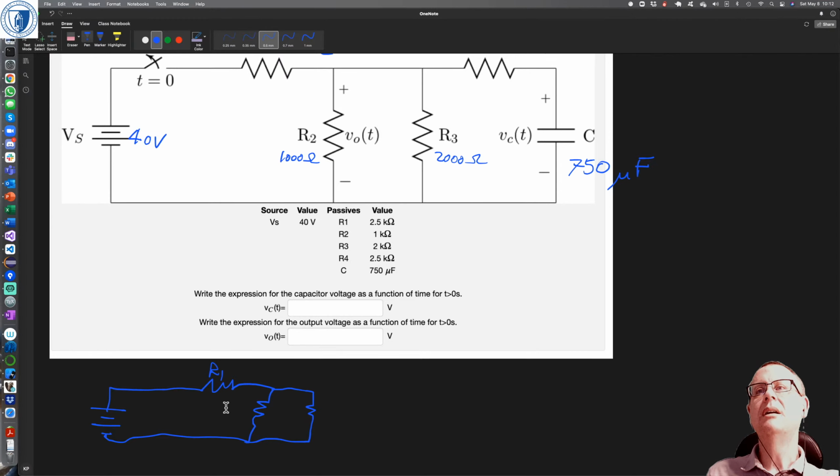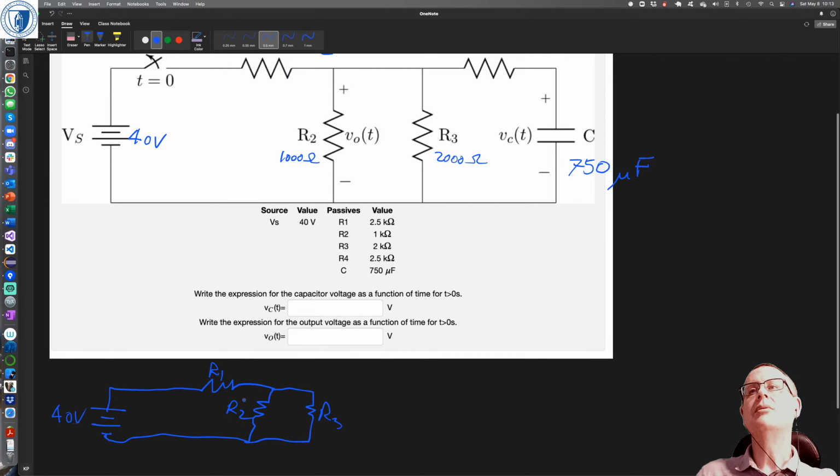So R1, R2, R3. Right, so there's our 40 volts, not 60 volts. I think somebody I was helping the other day had a 60 volt supply.